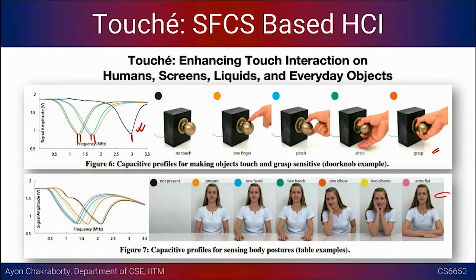She's touching the table with one hand, with two hands, with one elbow, and so on. All the gestures she is making could be captured by this SFCS system, which could be pretty difficult to do with the type of touch sensing that we were doing earlier.